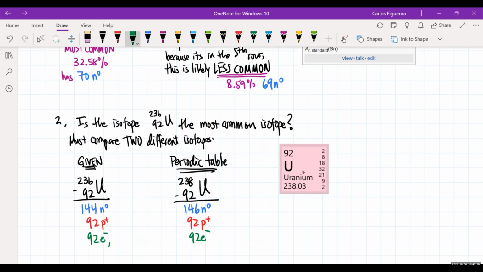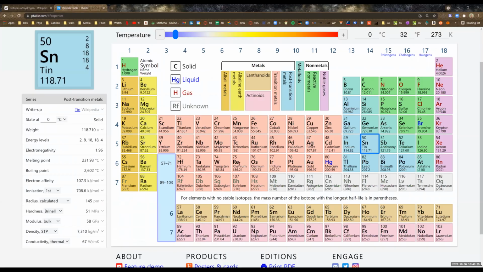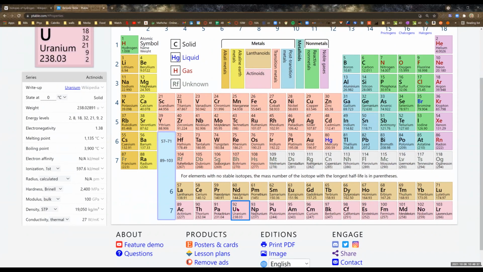Now I got to go find the number of shells. So what do I got to do? I got to go find element 92. Let's go to the periodic table. If I go to the periodic table, element 92 is this guy. You could see that this is on the 7th shell.